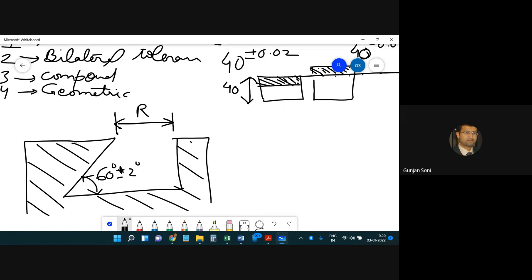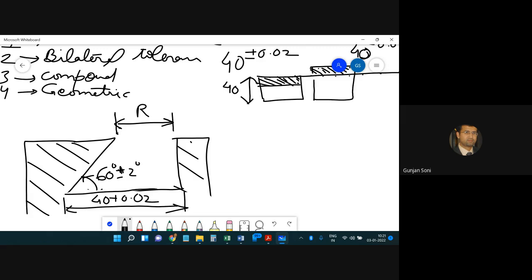Now, and also, let me remove this one first. This length is given. Also, there is going to be limits applied to this length over here.